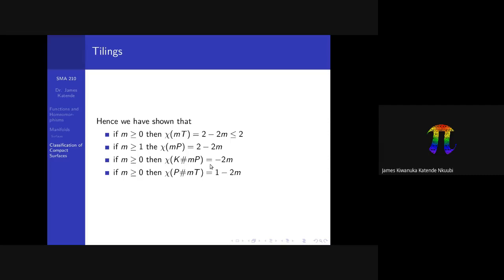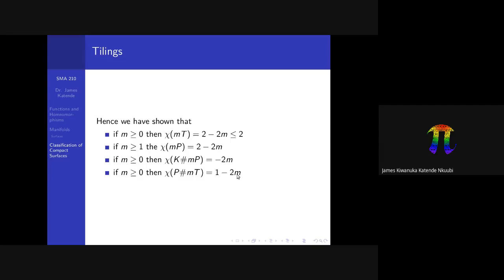Is that correct? I think so. Then the next one, for this type of surface, it's also non-orientable because it's a sum of a Klein bottle and a projective plane, so definitely non-orientable. So here the smallest you can have is -2, right? So this one, the smallest you can have is 1.